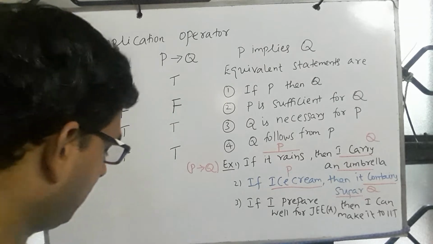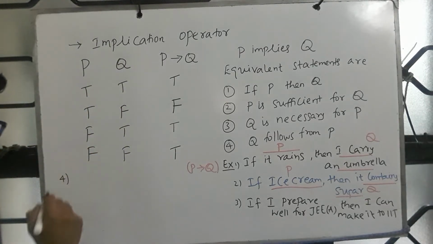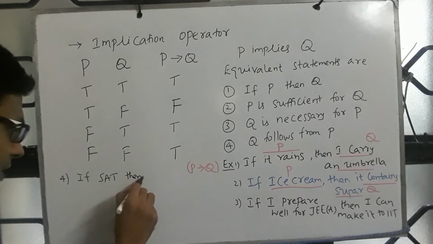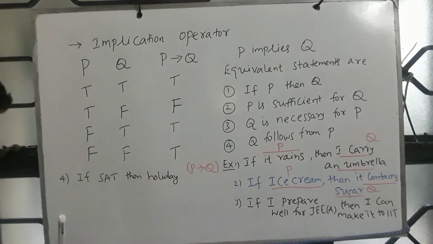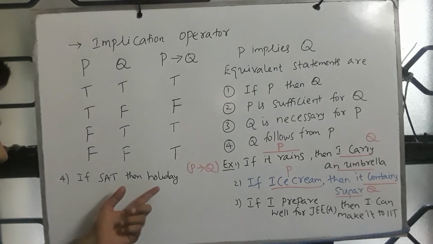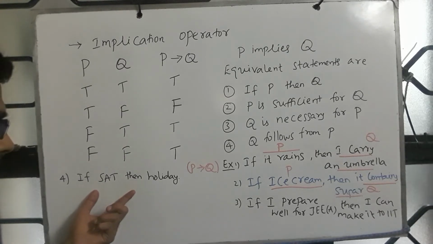Okay. For example, one more example. You get a circular from the academic office saying, if Saturday, then holiday. So you see this circular on a Saturday, and the institute has declared a holiday, which means the circular is respected.